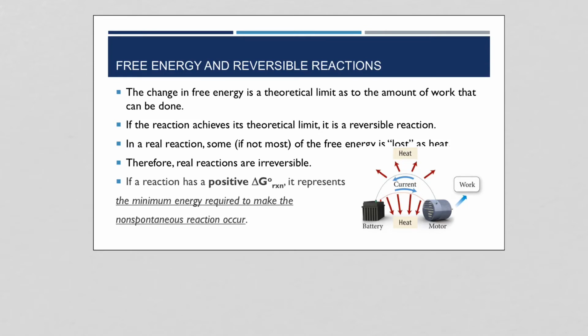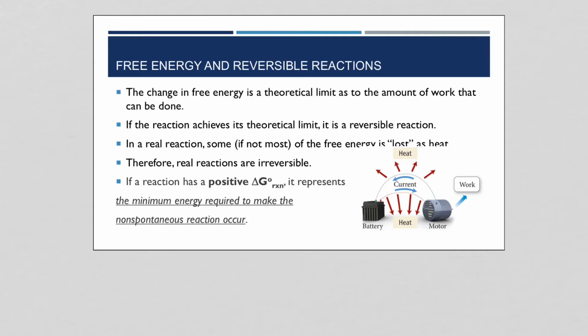So as we just mentioned, the delta G of reaction is the maximum energy available to do work. Even for reactions that don't need to heat up the surroundings, this represents a theoretical limit, and is typically not going to be the actual free energy change that we see.